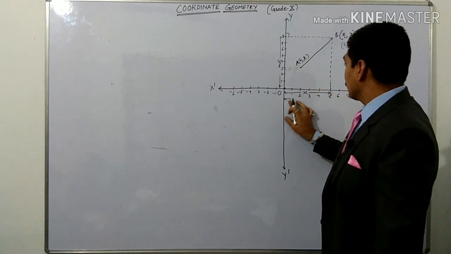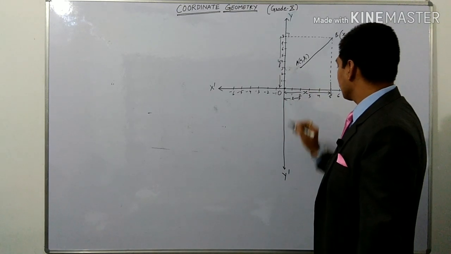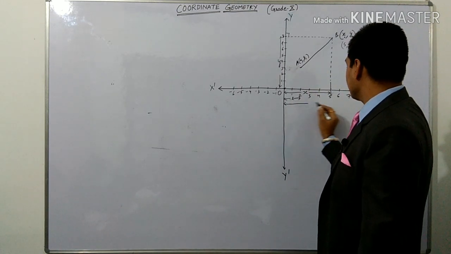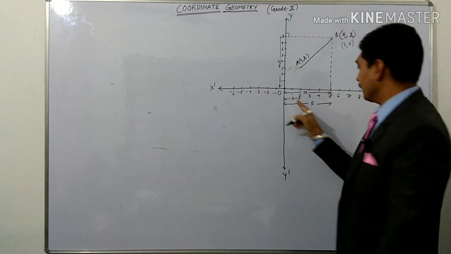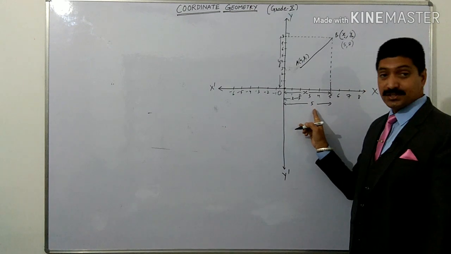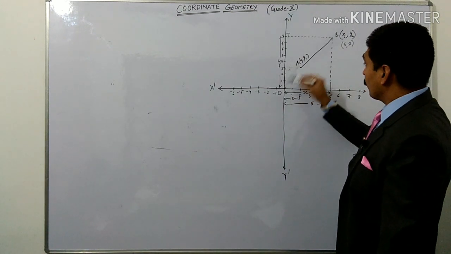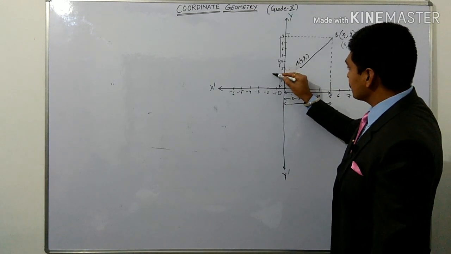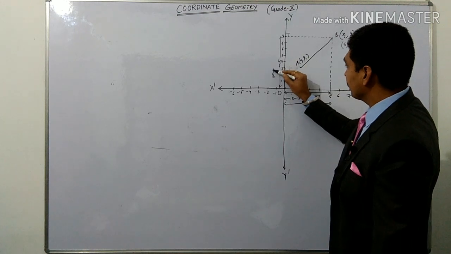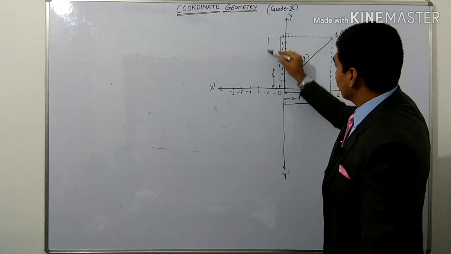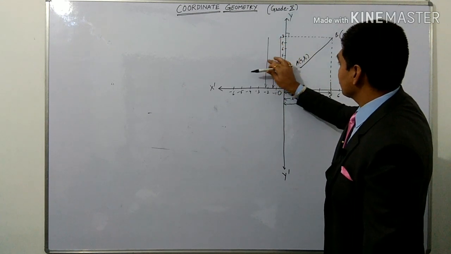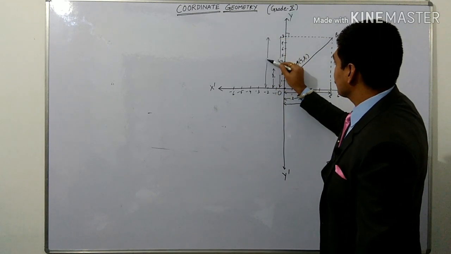This is 2 units. And what is the distance of B point? That is 5 units. x1, x2. On the same hand, what is the distance? This distance is y1, right? That is 3. And what is the distance? The distance that is y2 distance is 8.